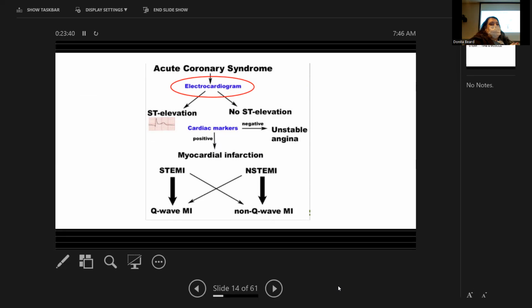When they don't have ST elevation but have chest pain and EKG changes, you have to differentiate between unstable angina and an NSTEMI. The biggest hallmark difference is positive biomarkers. For unstable angina, you need to have chest pain and some EKG change. For NSTEMI, you would have either chest pain or EKG changes and a positive troponin.